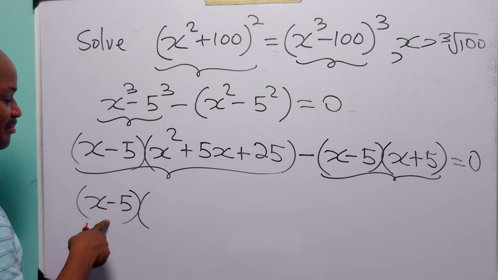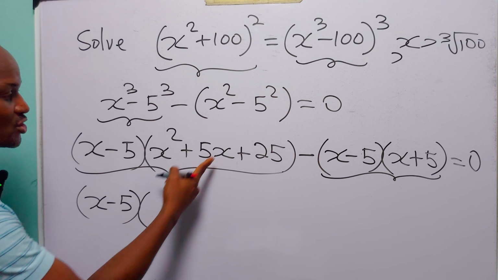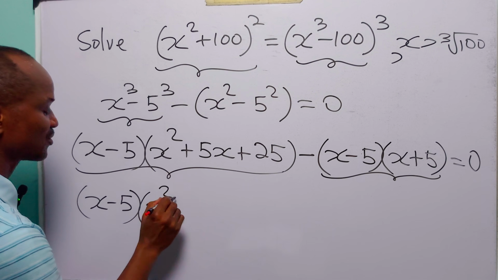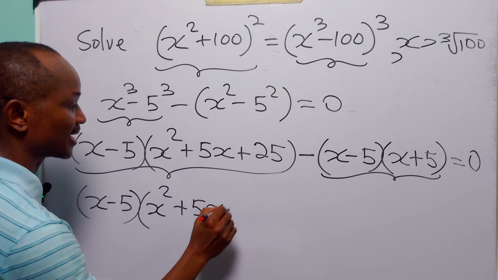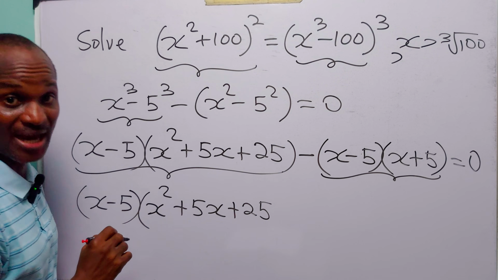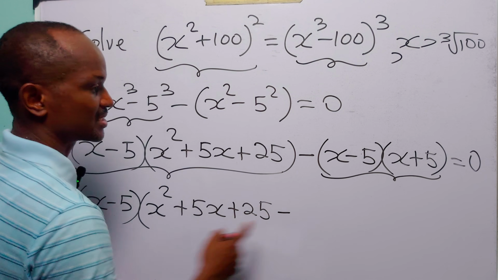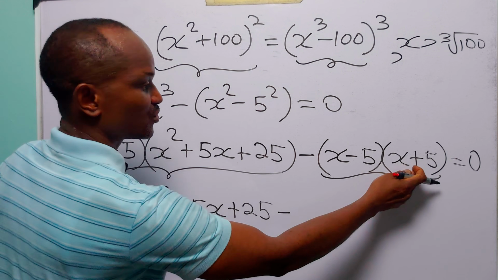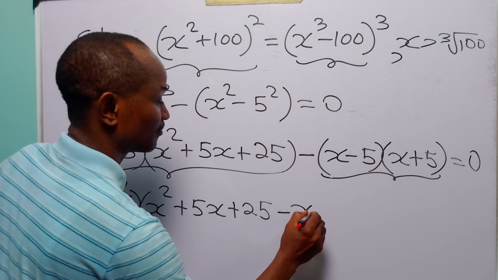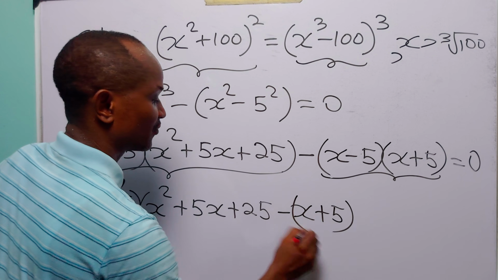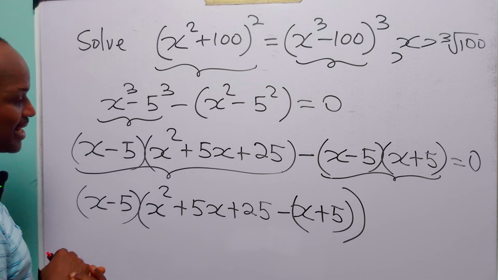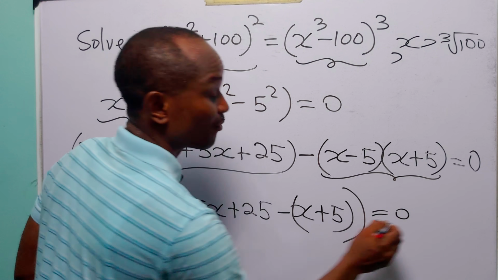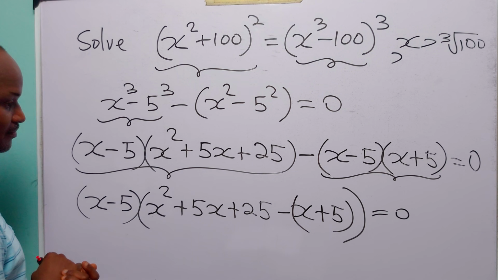So we have x minus 5 into. Now, when you divide this by x minus 5, of course, you are left with x squared plus 5x plus 25 minus. When you divide this by x minus 5, you are left with x plus 5. Of course, this is going to come inside a bracket, and this is equal to 0.